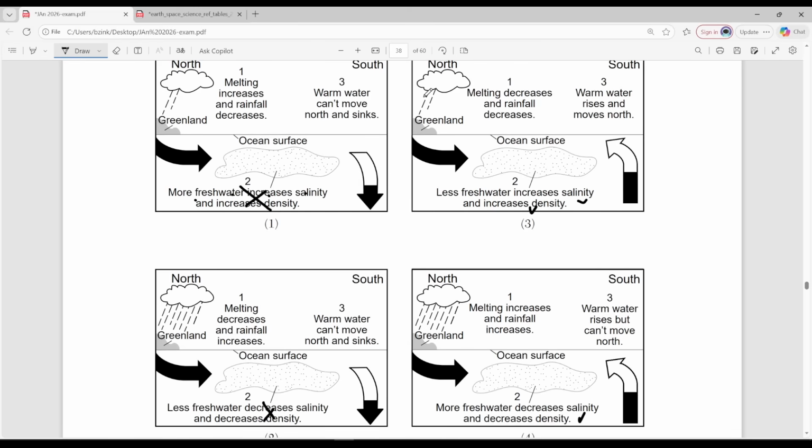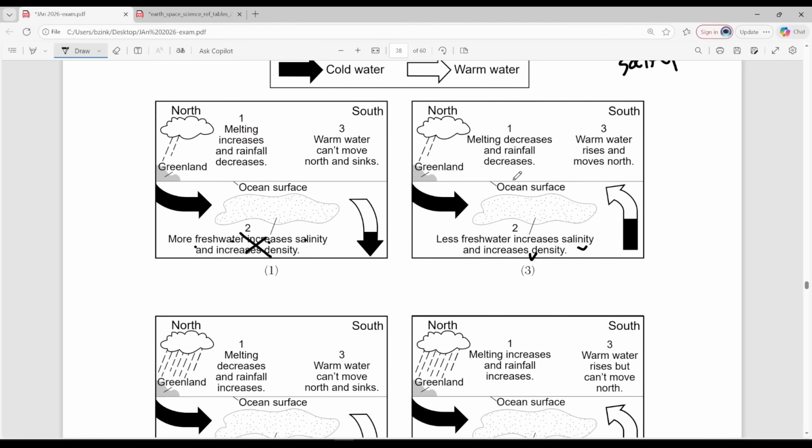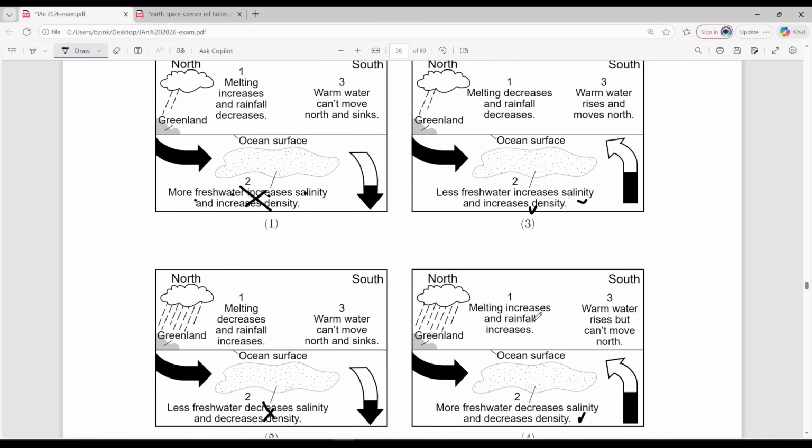So now look, this is weird. The cloud is raining a little bit, but now it's a lot of rain here. Melting decreases and rainfall decreases. Okay. Melting increases and rainfall increases. So again, I'm going for climate warming, right? So if there's warming, melting's going to increase.